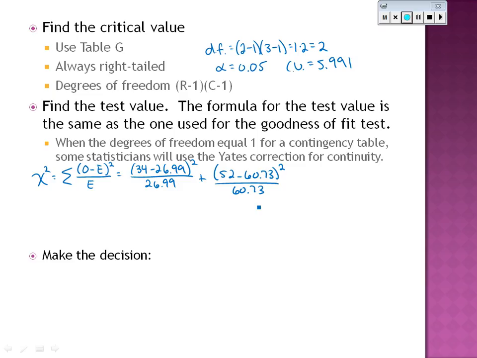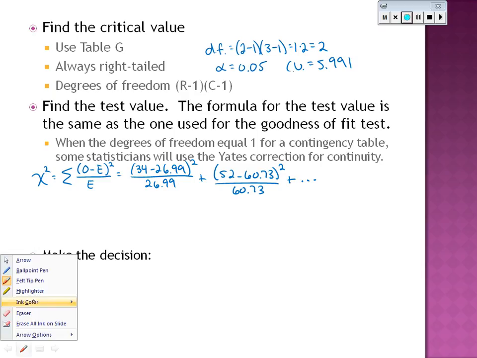You could do that for each cell if you want to. It's just the observed from each cell minus the expected from each cell, that quantity squared, divided by the expected for that cell.